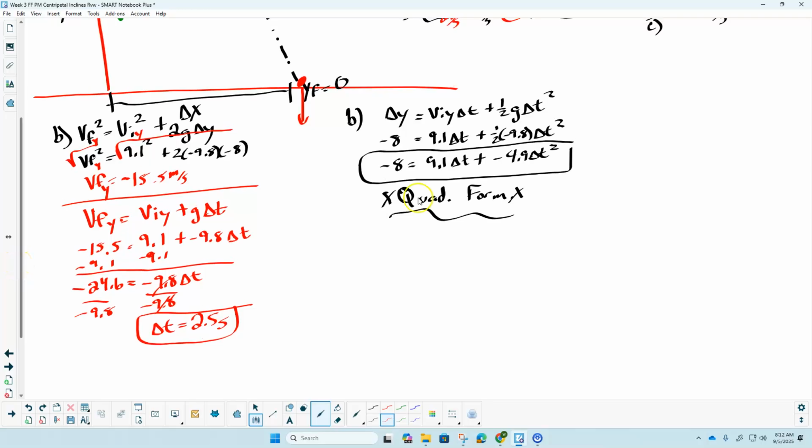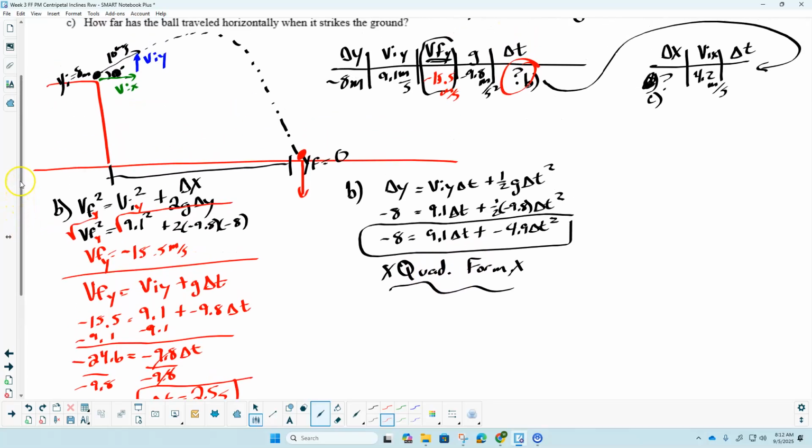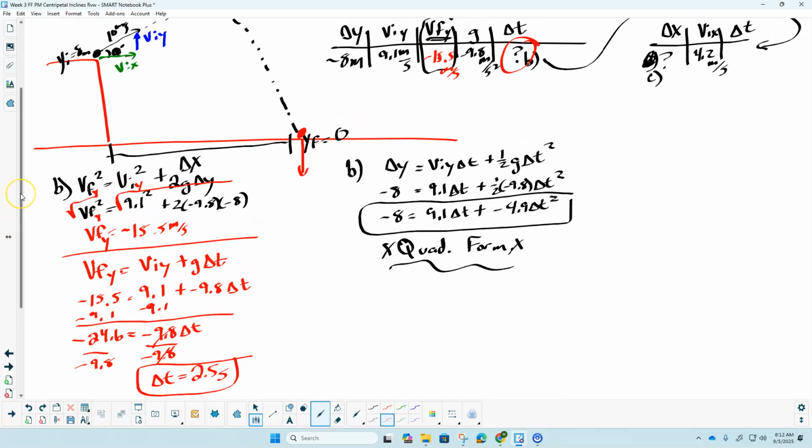So instead of doing the quadratic and getting a small number and then 2.5 for your second number, because it's down there a couple times, it's a two-step process.